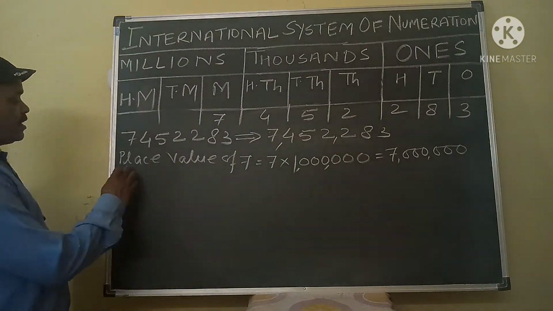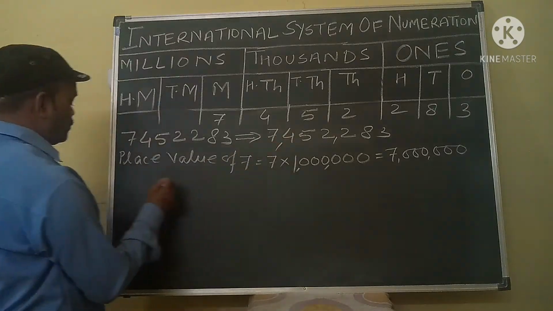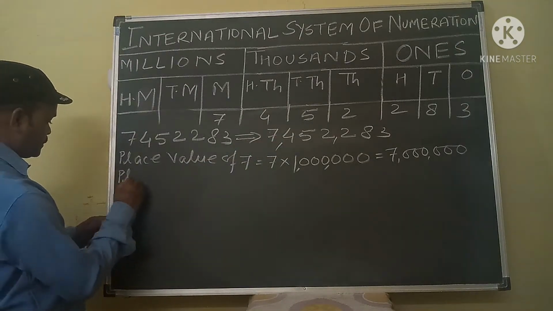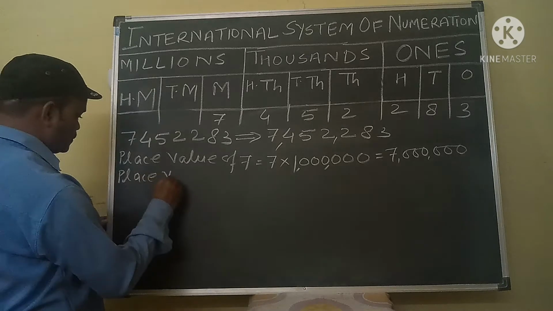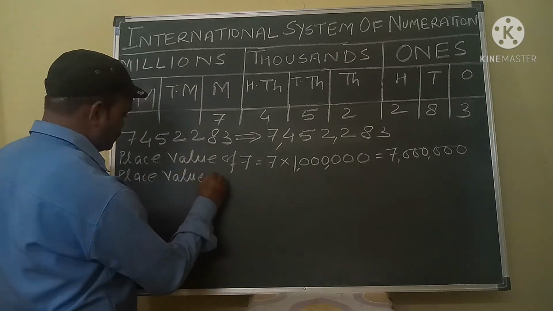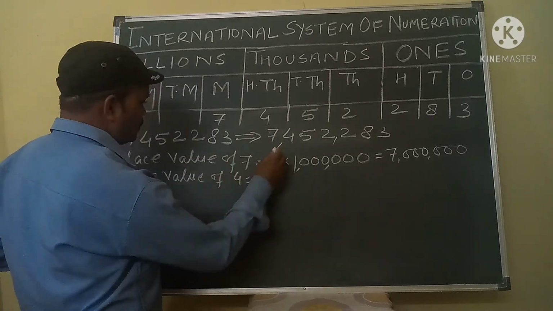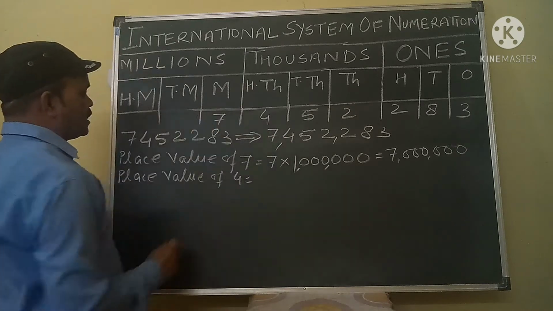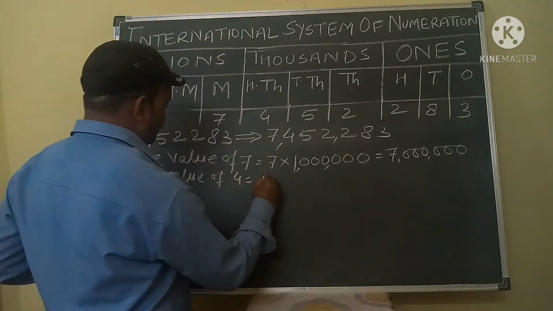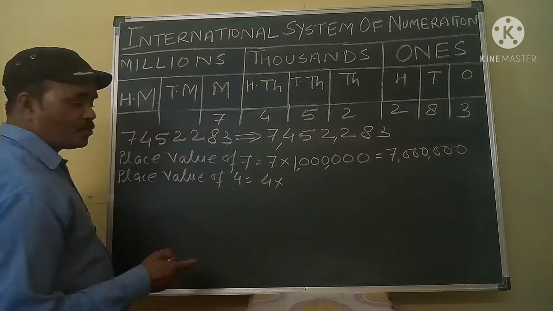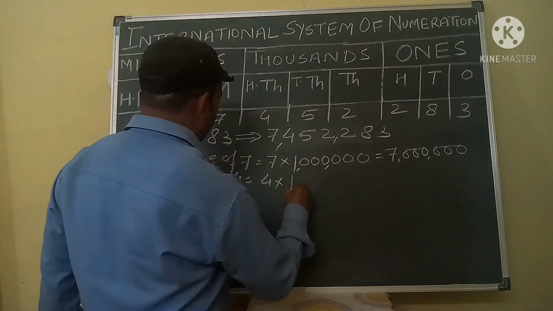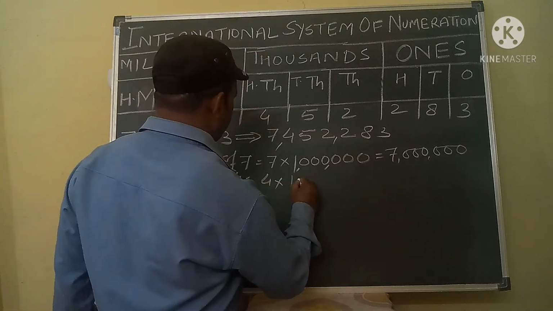Again, we will discuss the place value of 4. Four is in which place? 100,000 place. So 4 multiplied by 100,000.